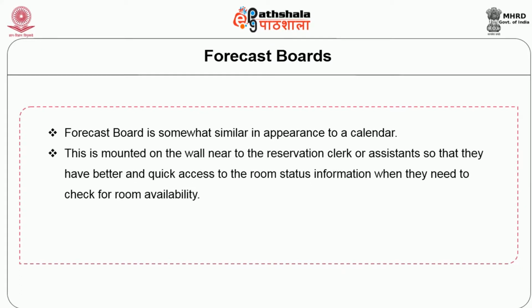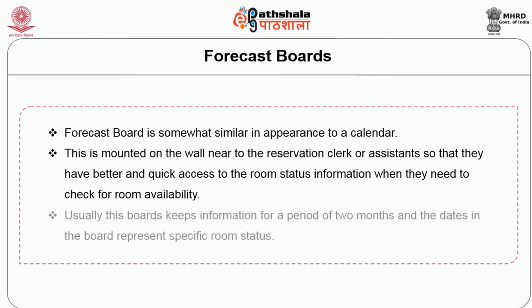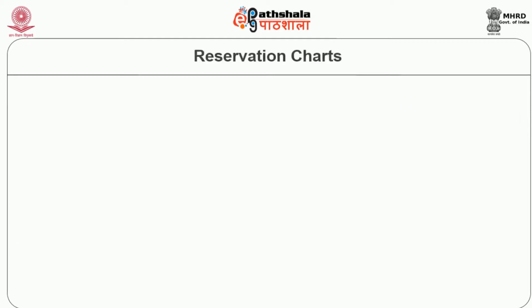It is mounted on the wall near the reservation clerk or staff, so that they have quick access to the room status information when they need to check for room availability. Usually, these boards keep information for a period of 2 months, and the dates on the board represent specific room status, whether it is available or not.